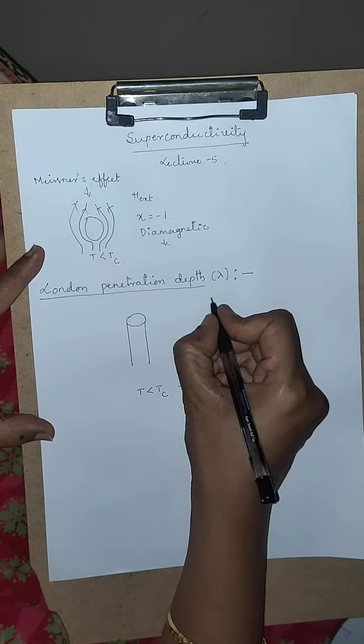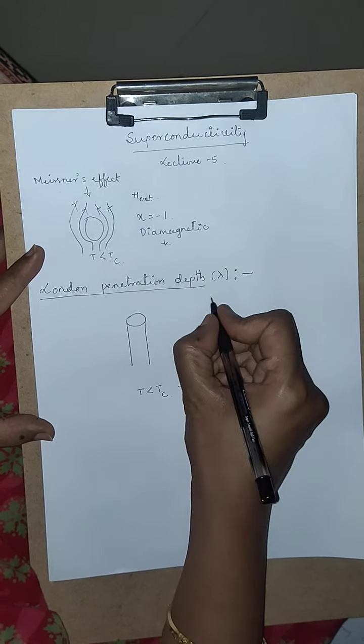Now, when an external magnetic field is applied to this, the magnetic flux is expelled from the interior of the body. So that flux expulsion, we can show as the flux being thrown out of the interior of the body, something like this. This flux expulsion is nothing but what we have learnt in the Meissner effect.